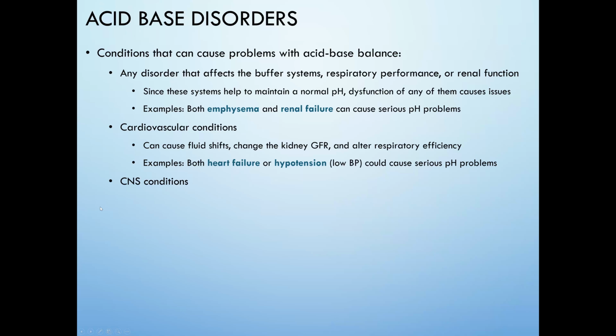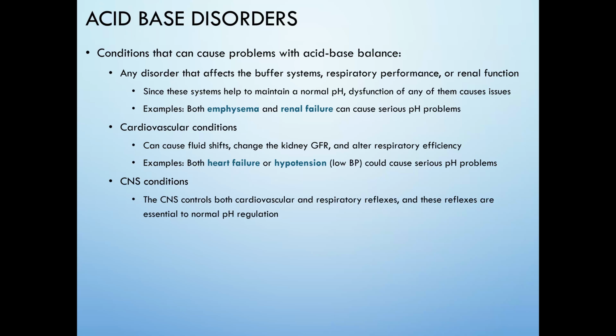And third, central nervous system conditions can also cause problems with acid-base balance. So the central nervous system controls both cardiovascular and respiratory reflexes, and these reflexes are essential to normal pH regulation. So damage to those areas of the brain can also cause serious acid-base balance problems.